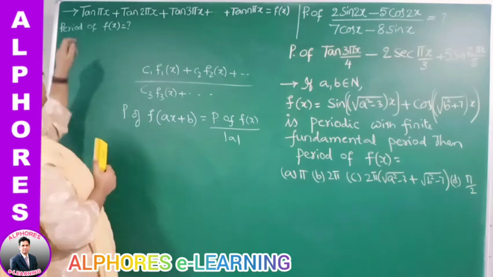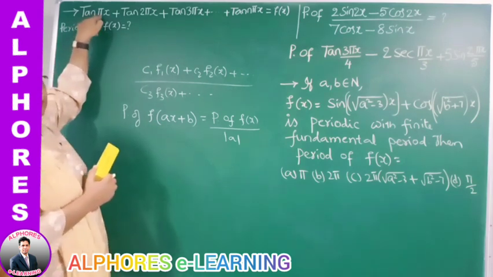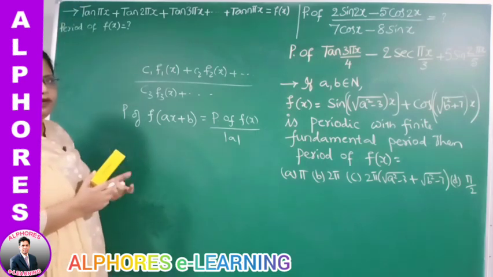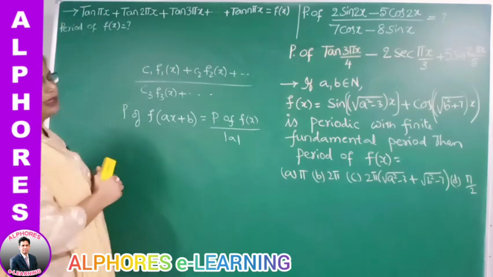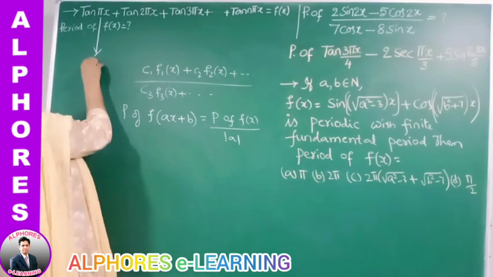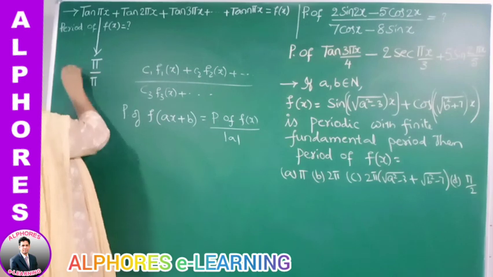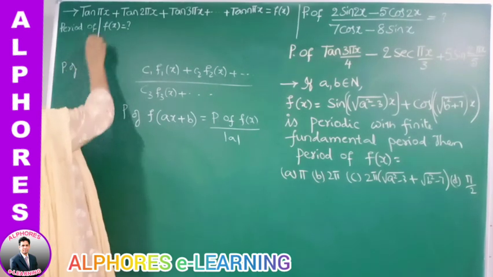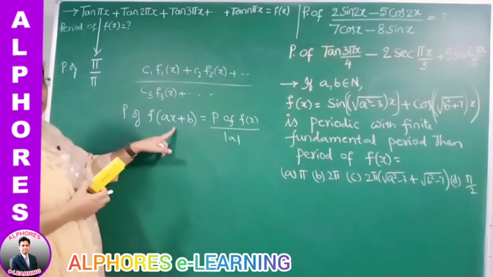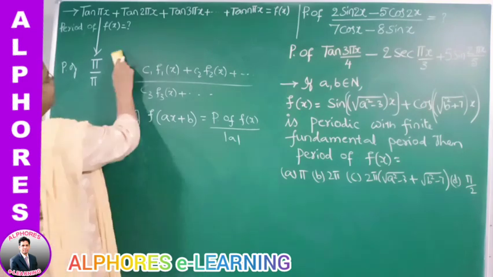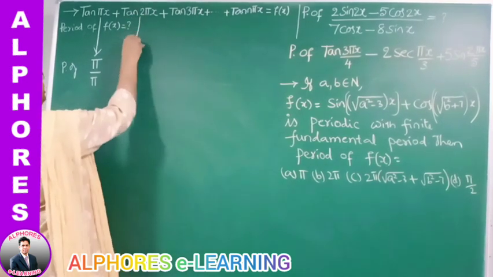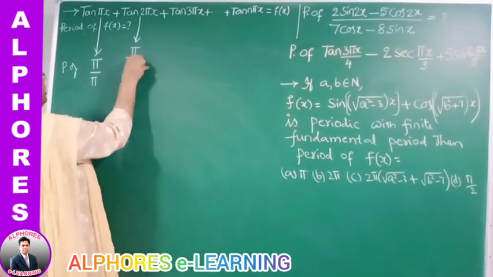Now observe, students, what is the period of tan pi x? It is the period of tan x divided by the x coefficient. Hence the period of this function is pi divided by pi, since the x coefficient is pi. Next, for the second function the period is pi divided by 2 pi.